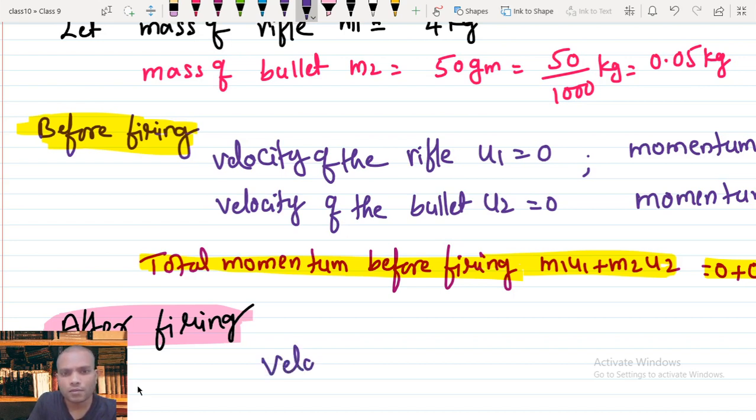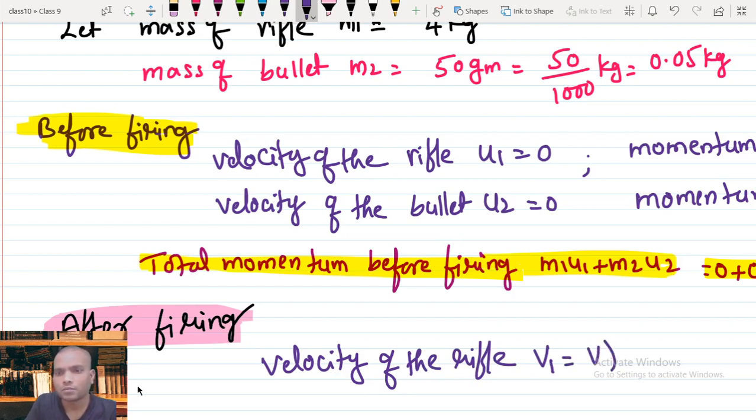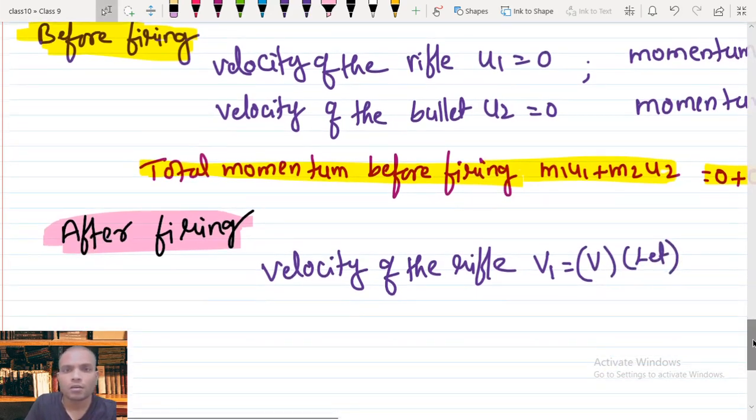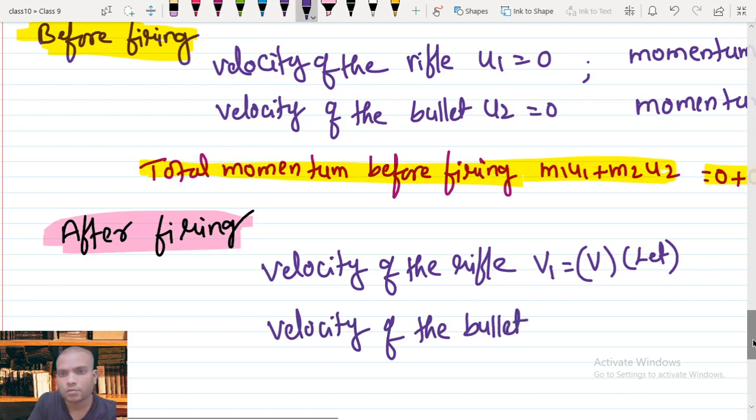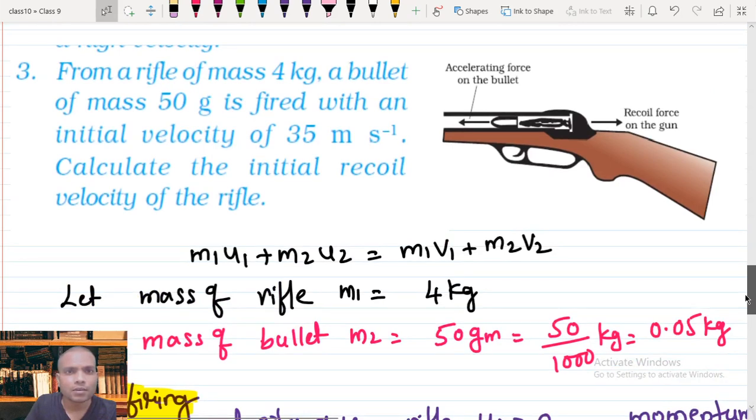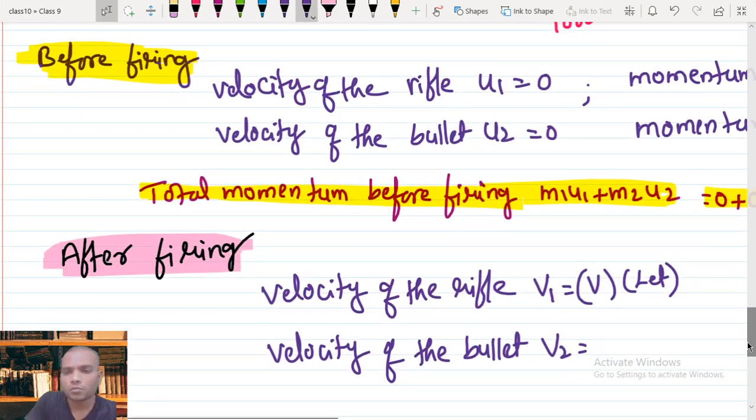So the velocity of the rifle, let me take v1 equal to v, this we can let. Now the velocity of the bullet, let me call it v2, is given as 35 meter per second.